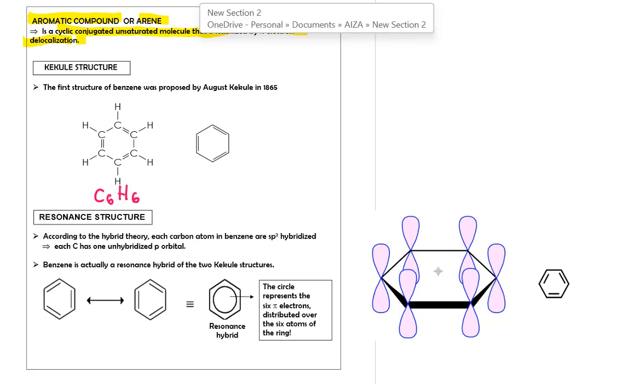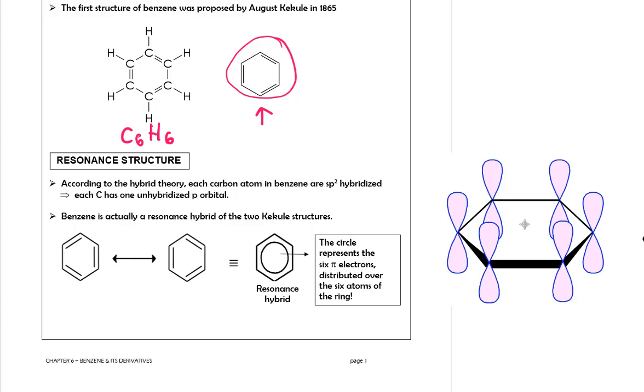This is the expanded structure, and this is the skeletal structure. According to Kekulé, double and single bonds are alternating: double here, then single, double, single, double, single.